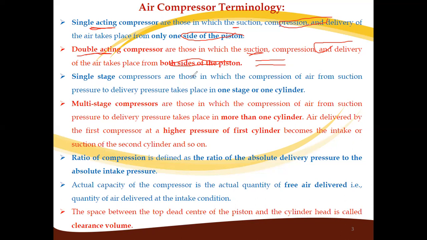So it is called the double acting compressor, where suction and compression take place from both sides of the piston. Now we have the third terminology, the single stage compressor. In a single stage compressor, the compression of air from suction pressure to delivery pressure takes place in only one stage or one cylinder.